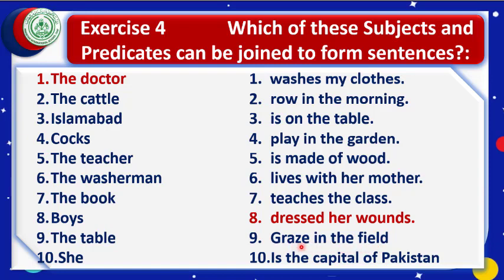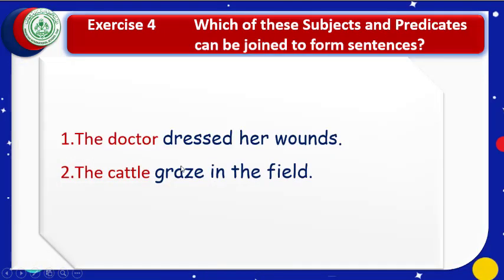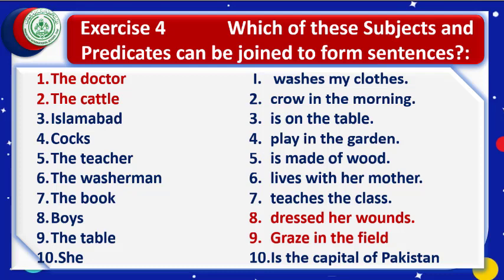Oh yes, this is the correct option for the cattle. The cattle graze in the field. Let us write it. The cattle graze in the field. Now we shall move to the next part.